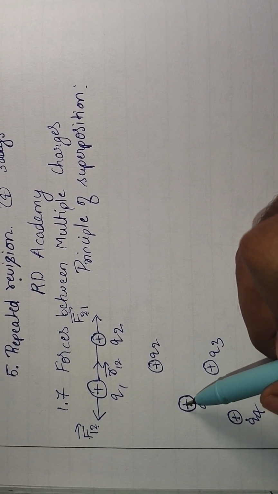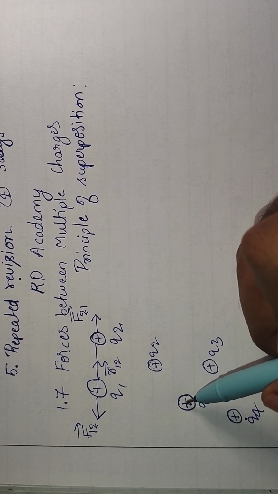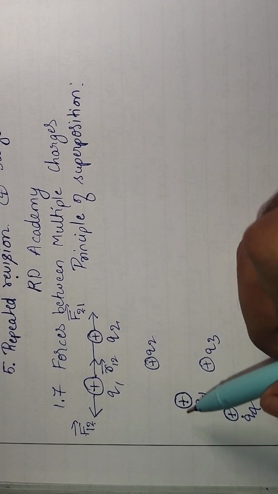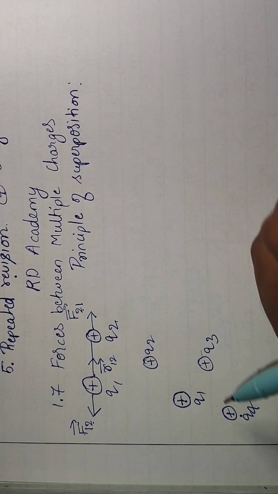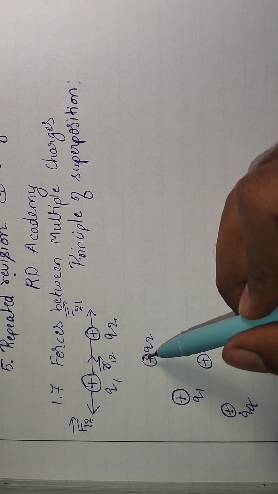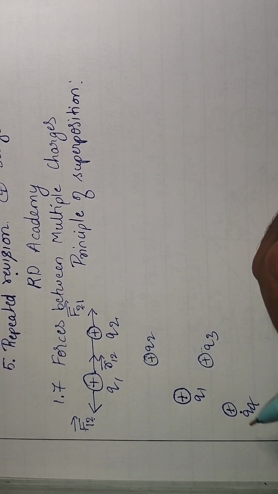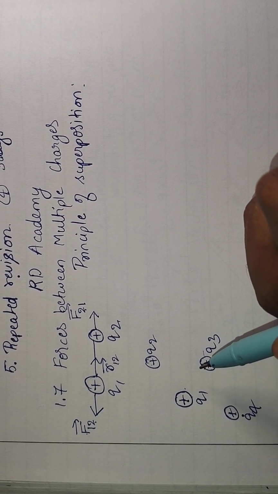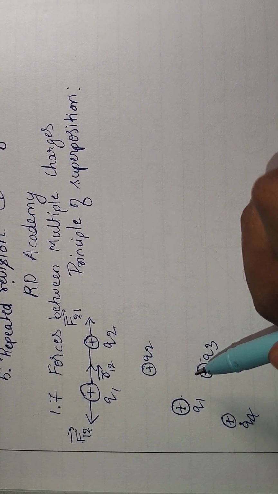While calculating this vector sum, you should take one charge at a time. While dealing with the Q1 and Q2 system, you assume that Q3 and Q4 are absent. Once you deal with the Q1 Q2 system, ignore Q2 and Q4 and deal with only the Q1 Q3 system. Like this, you take only one charge at a time.